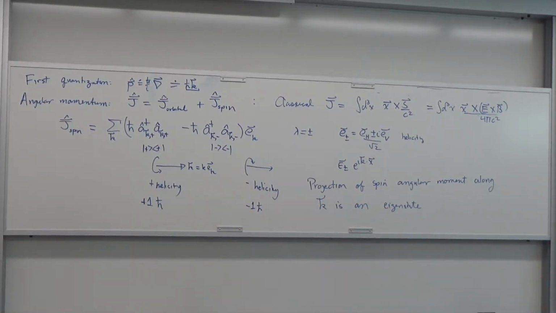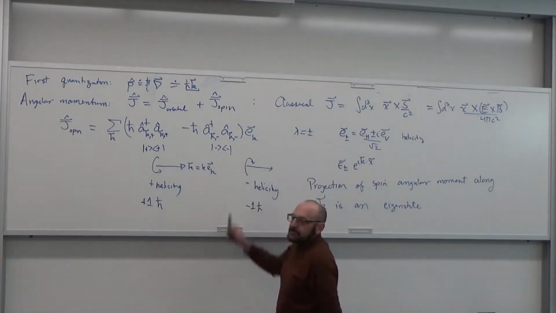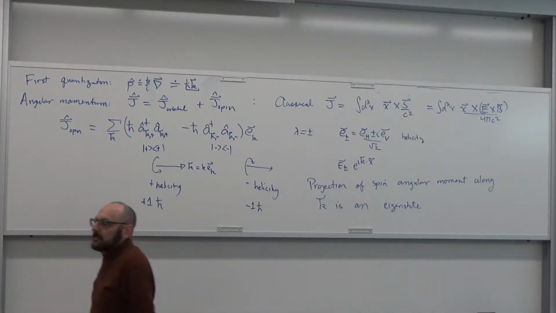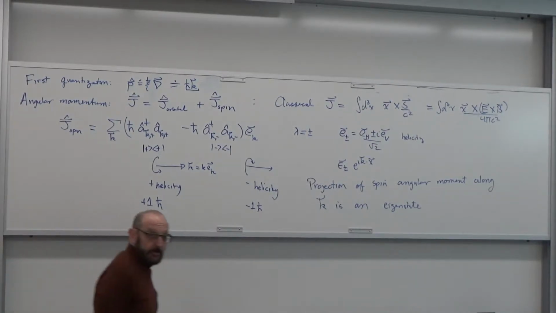What if the polarization was linearly oscillating along this axis? It's a superposition of definite angular momentum states. That photon doesn't have a definite projection of angular momentum. Okay.